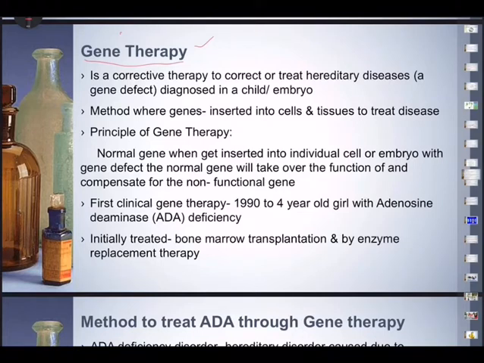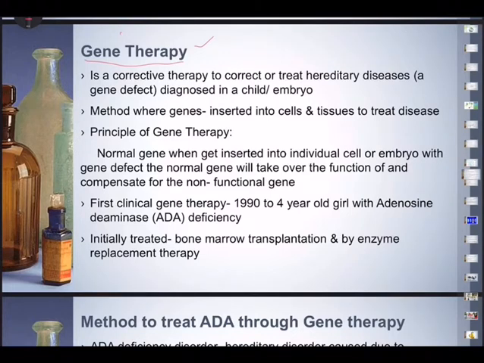The first clinical gene therapy was given in 1990 to a 4-year-old girl with ADA deficiency, adenosine deaminase deficiency. This enzyme is very important for the immune system to function.